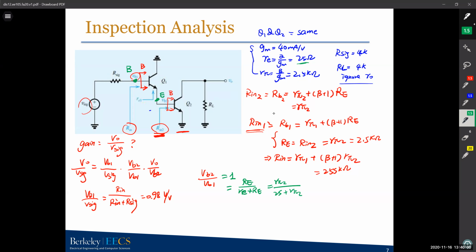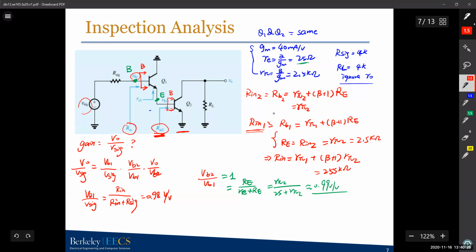If you plug in numbers, you get about 0.99 volts per volt. So it will not hurt if you just say base to emitter is 1. If you just use 1, it's correct. But if you want to be more accurate, plugging in R small e or R capital E to calculate the gain is also okay. It's just your choice.